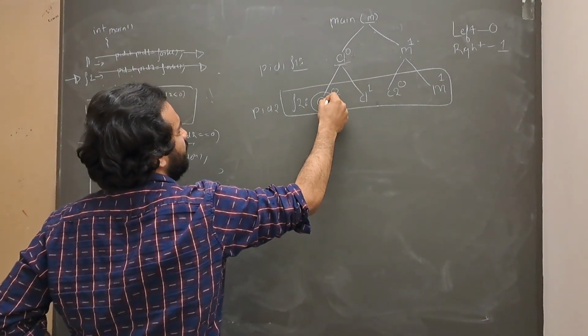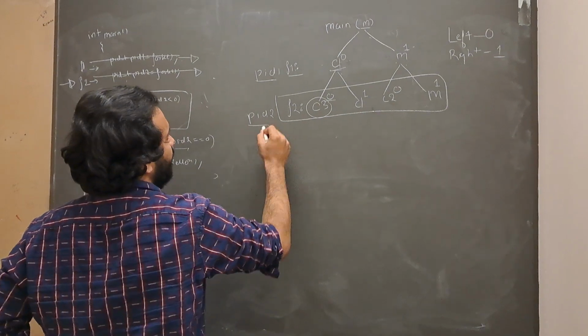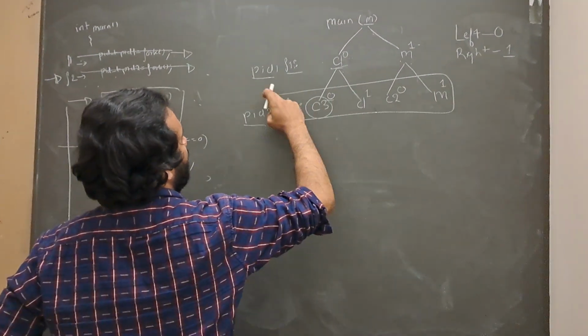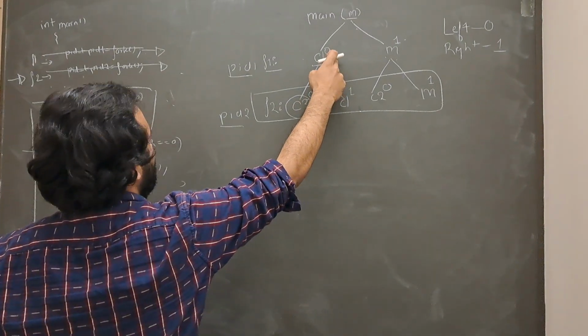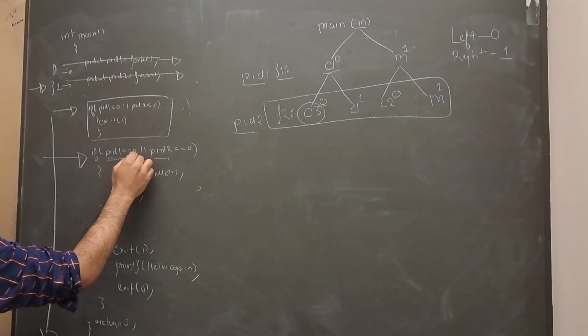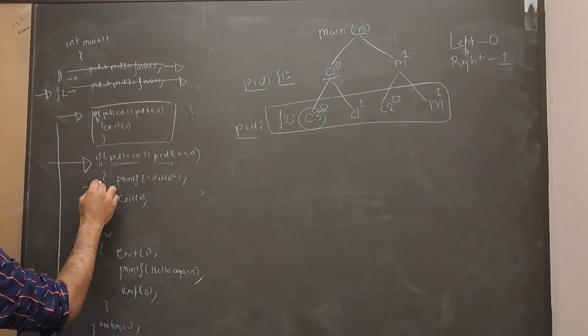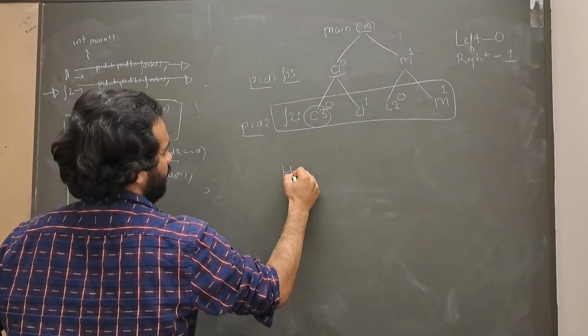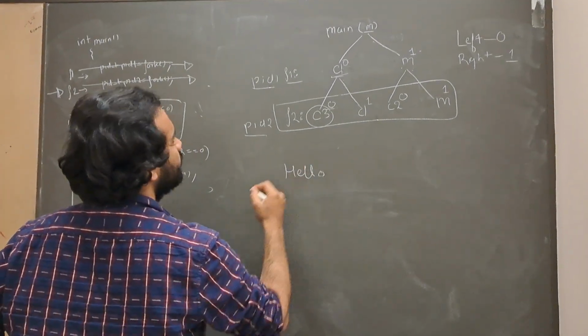So for child C3 we will check for PID1 and PID2. Here we can see that PID1 for C3 is 0 and for its parent it is 0. So this will satisfy the condition as PID1 is 0. This is the first true value, so we will print the hello command over here. So our hello statement will be printed for the first time.